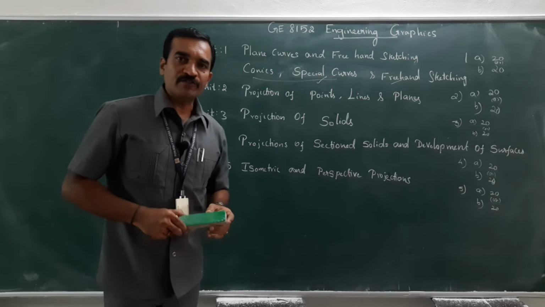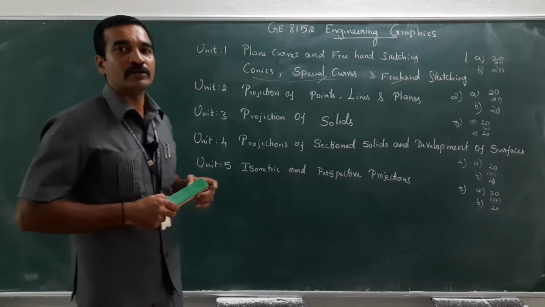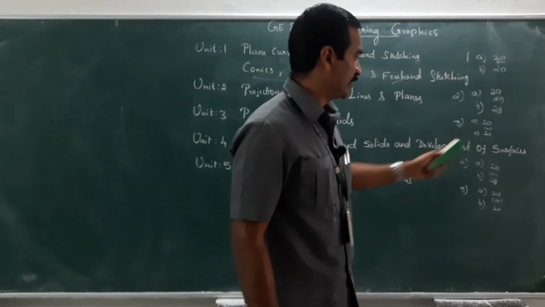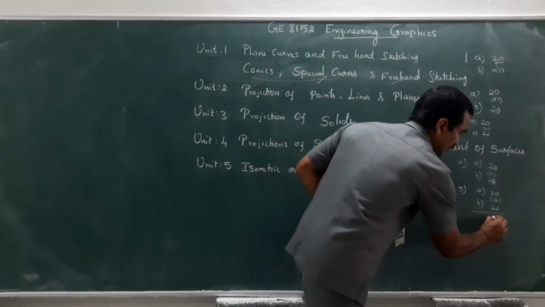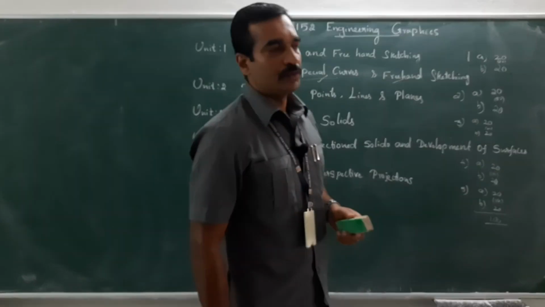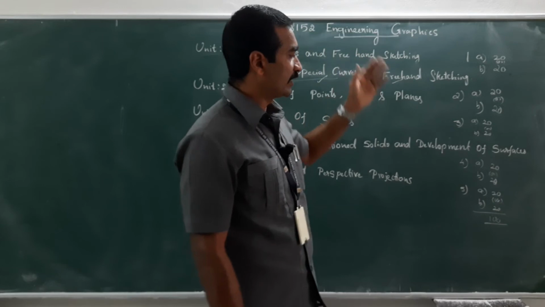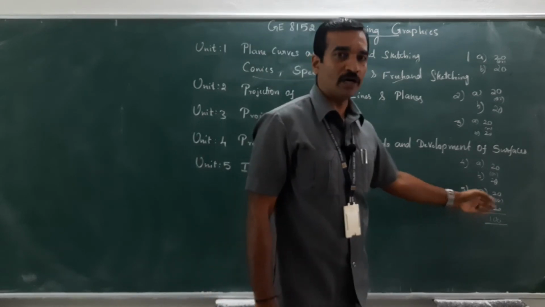As far as engineering graphics is concerned, there won't be any 2-mark questions. So only 20-mark questions. If you sum it up, you will be writing the exam of engineering graphics for 100 marks.